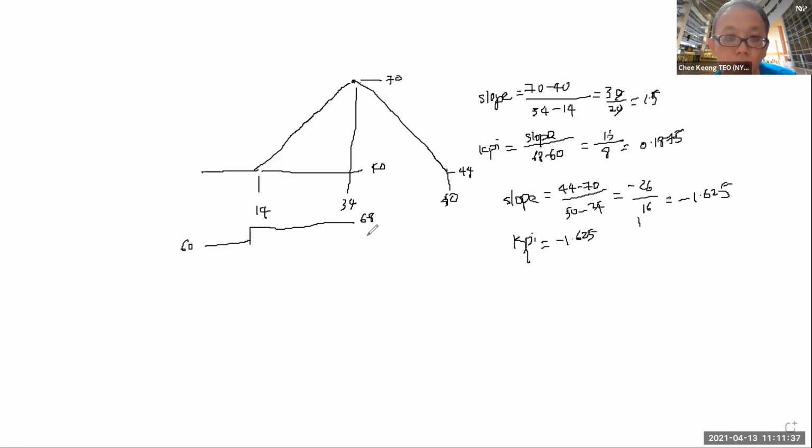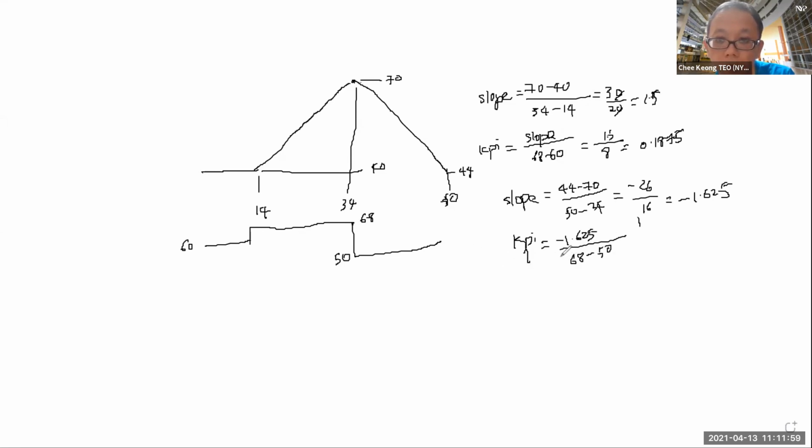Now the input also changes, much lower. Let me check the level. This level is at 50. So the input actually changes from 68 to 50, but it's also in the negative sense.